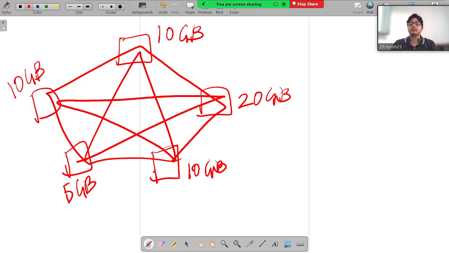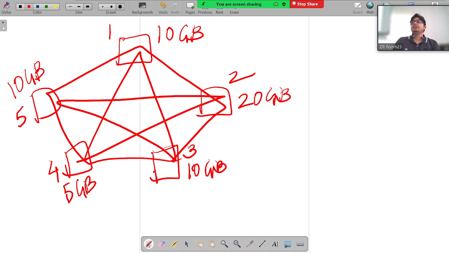I am just typing the computer names here: 1, 2, 3, 4, 5. So there are total 5 computers.